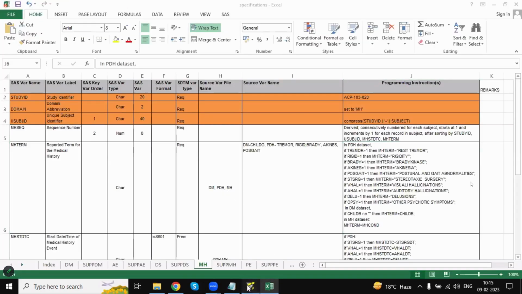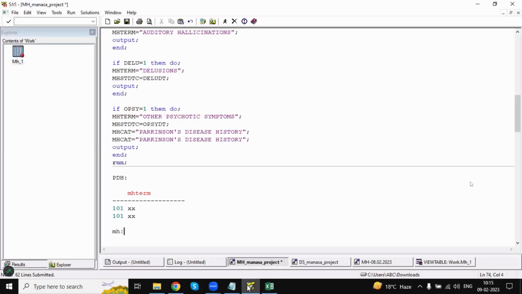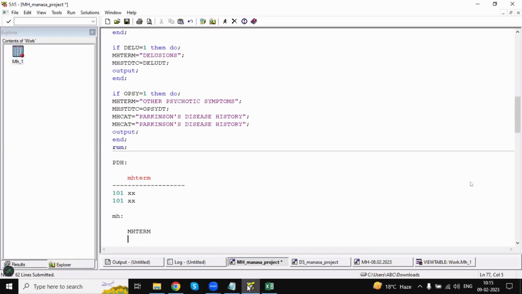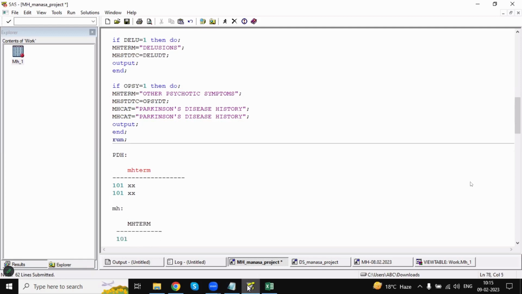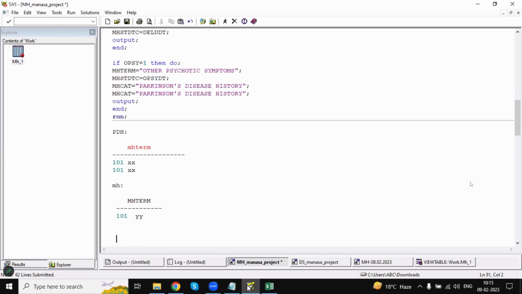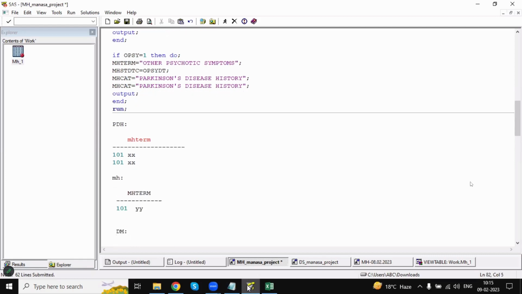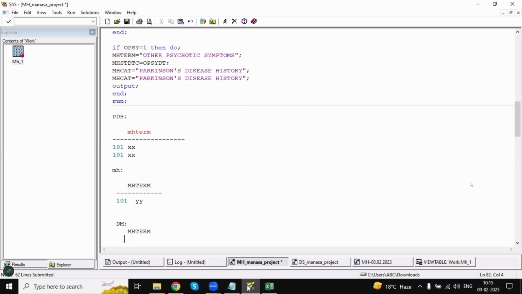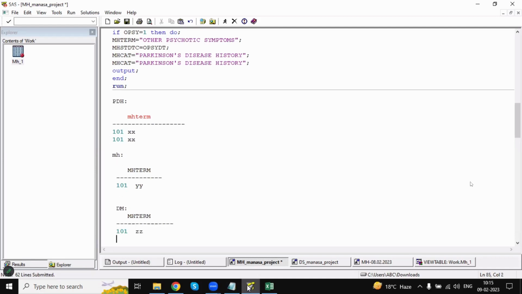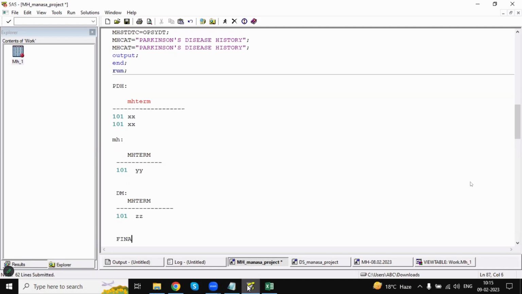Let us assume from the MH raw data set, when you derive, you will get a few more terms, correct? 101 subject, here some YY, only one term, let us assume. From the DM, when you derive, here also you have some terms. 101 subject, some ZZ. Now what is the final output supposed to come?